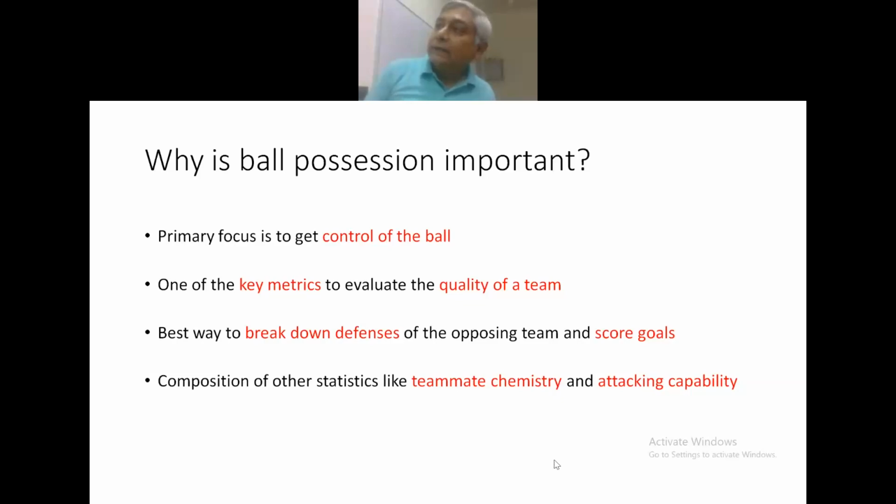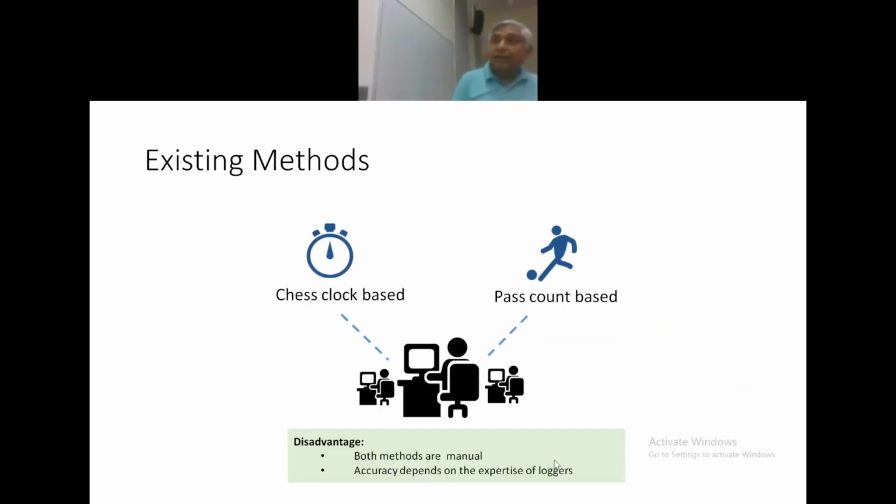There are other parameters like team chemistry and attacking capability, and all these may be influenced by ball possession statistics. But at the end of the day, as I showed, maybe it doesn't mean anything. But for a good strategist, maybe this is one starting point to overpower the other team in the game.